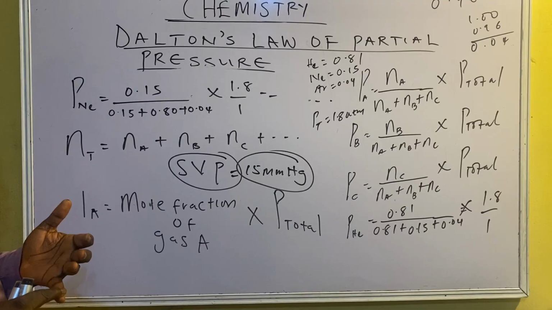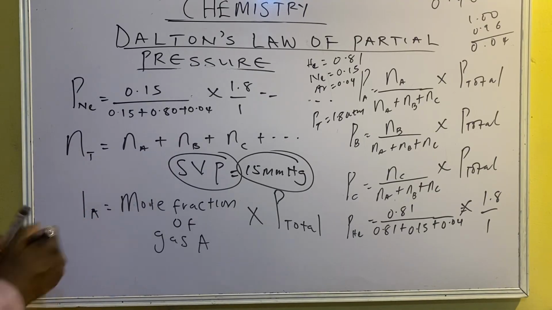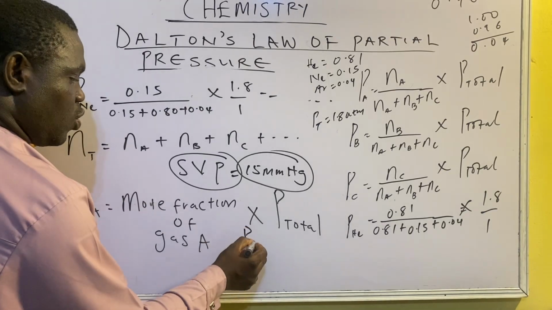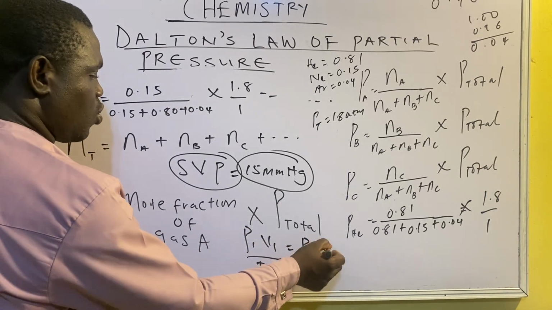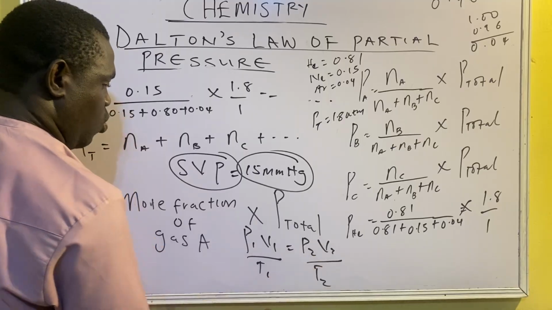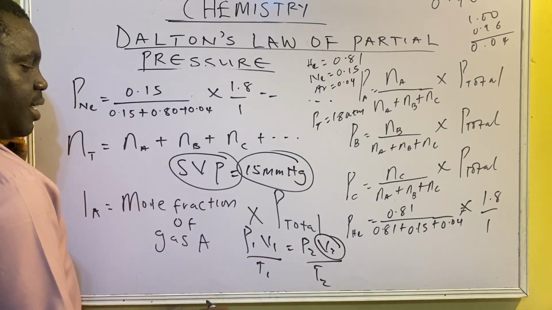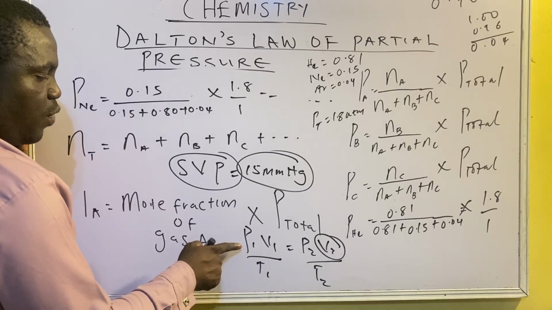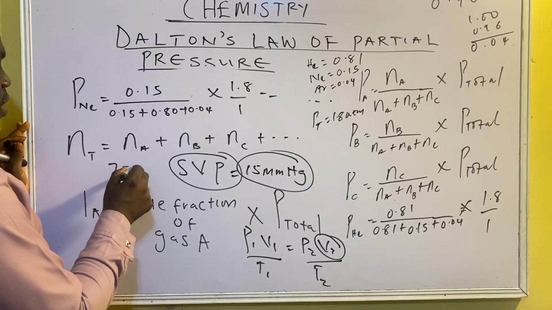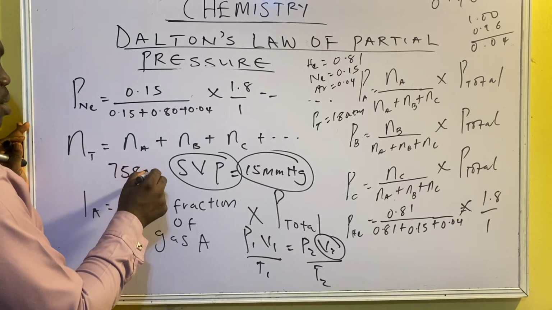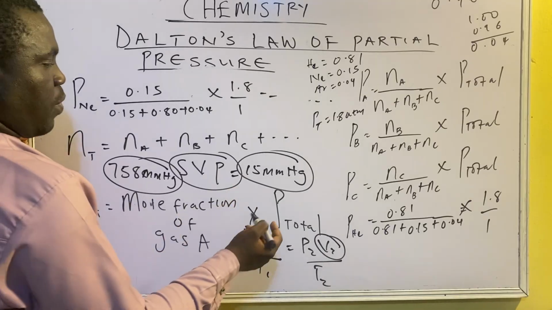They must have given you the initial pressure and volume, where they expect you to use P1 V1 over T1 equals P2 V2 over T2. The V1 they would have given you to be, let's say, 558 millimeters, and they'll give you your final pressure at STP.